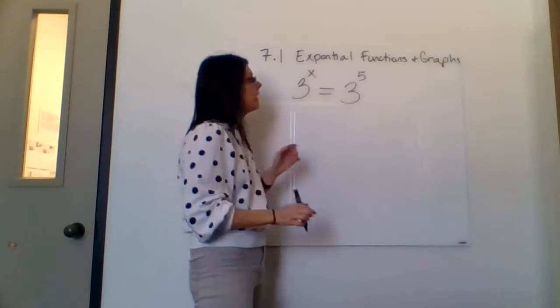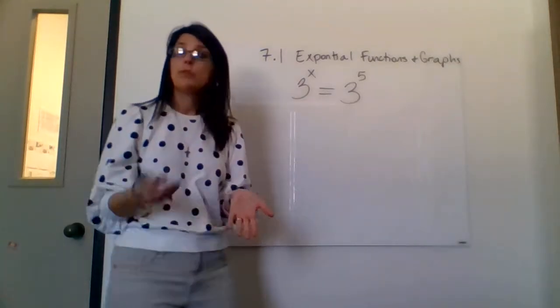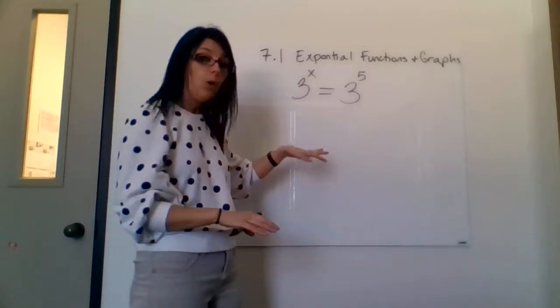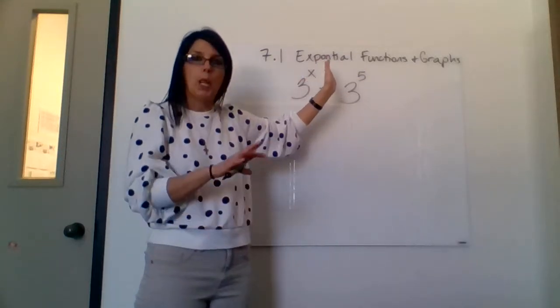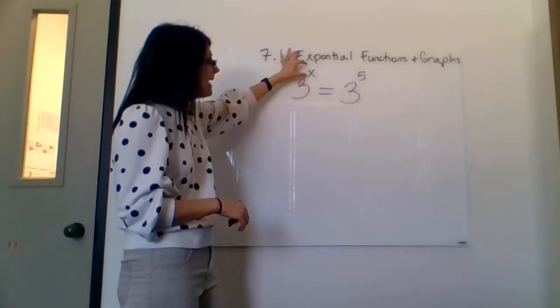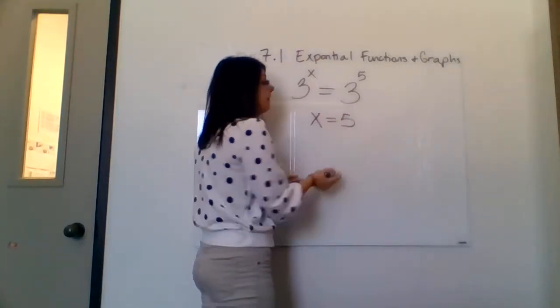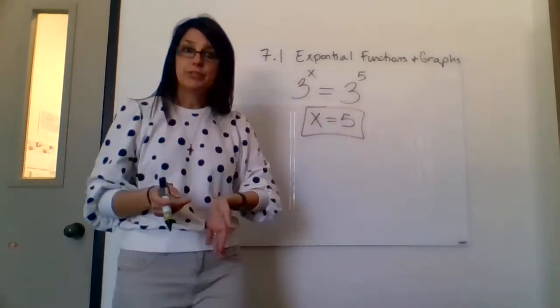I already have a base on the left and a base on the right, and the bases are the same, so this already falls in line for the one-to-one property. Since it holds, I can take my exponents and set them equal to each other. This one's already solved for x, so the answer is x equals 5.